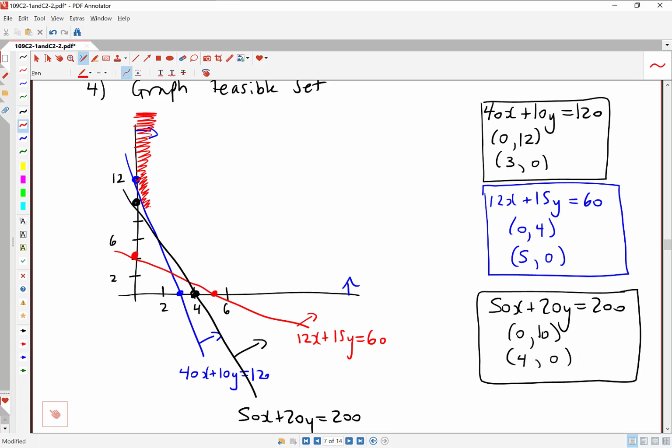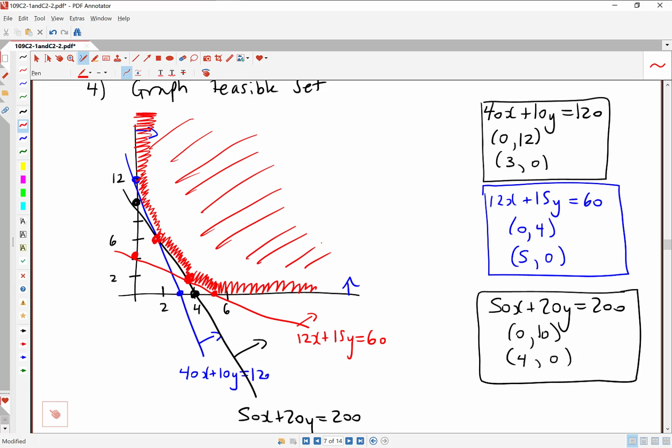Okay, we need to stay above the blue line. Oh, now we've got lines crossing, so now we need to stay above the black line. Again, lines are crossing. Stay above the red line, and then stay above the x-axis.